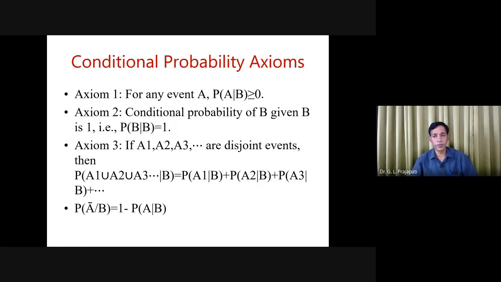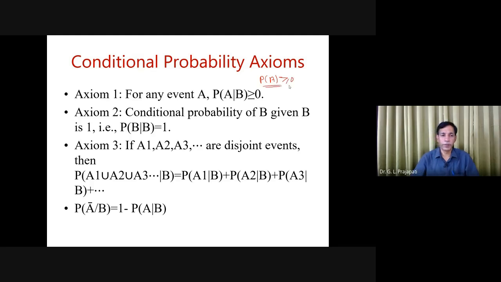Now there are examples for the conditional probability. Conditional probability is also a probability. So whatever examples you can find in probability, you can also find in conditional probability. We have already known that in probability theory, probability of A is greater than or equal to 0.